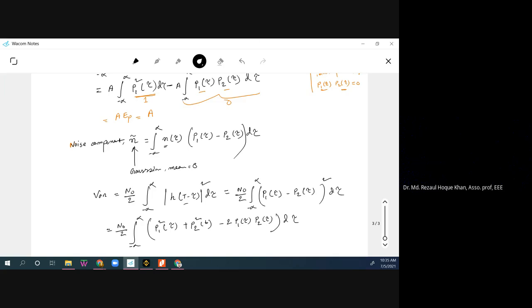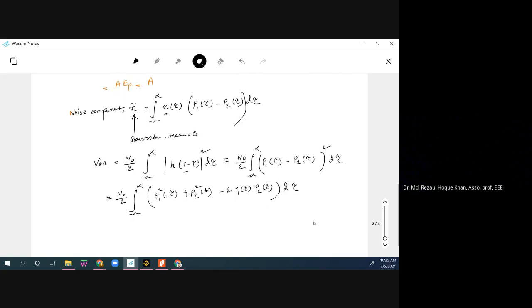Here we can see this is again the inner product, so let's write it separately. It will be easier for us to understand.